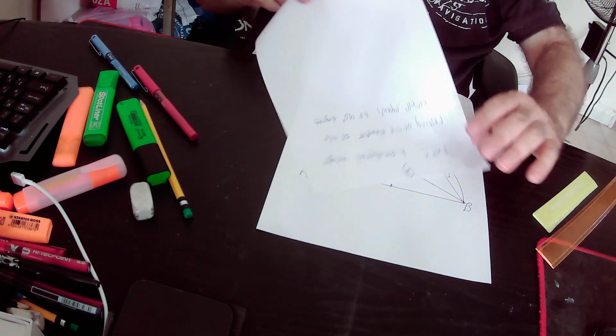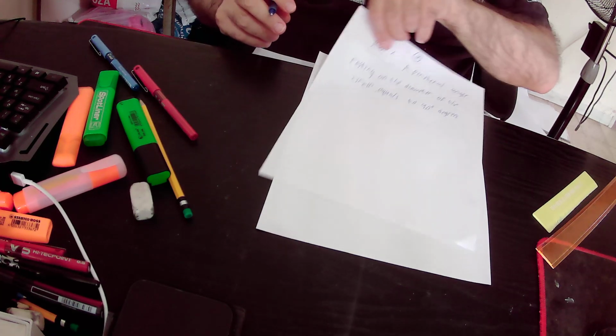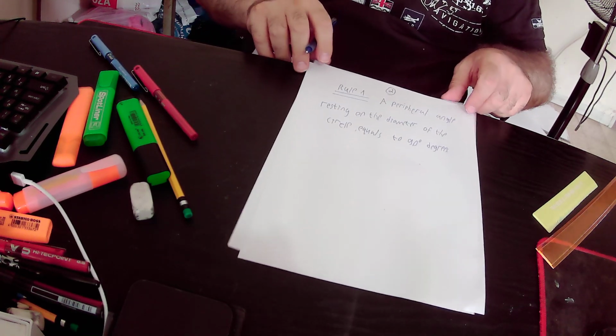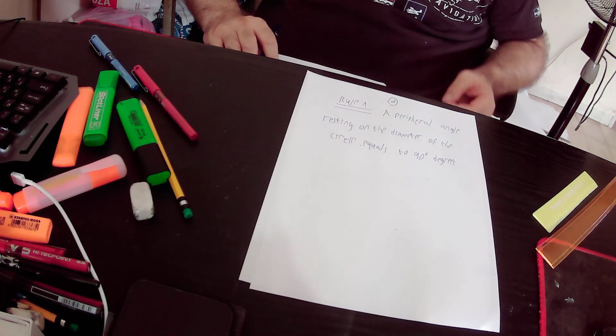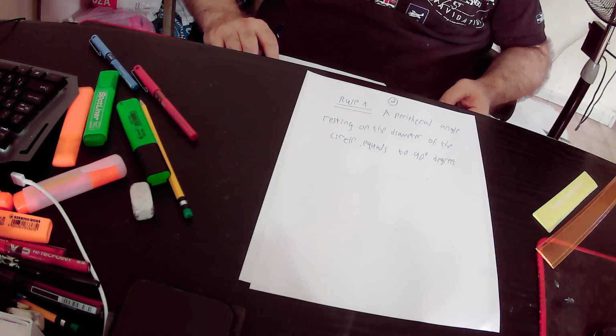So I will read rule number 1 again. Rule number 1 states that a peripheral angle resting on the diameter of the circle equals 90 degrees.